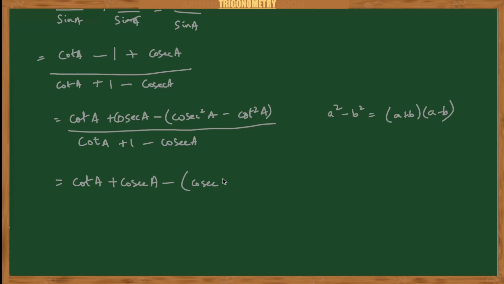A is cosecant of A plus B is cot A, over A minus B, cosecant of A minus cot of A.